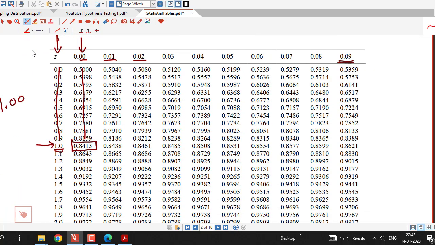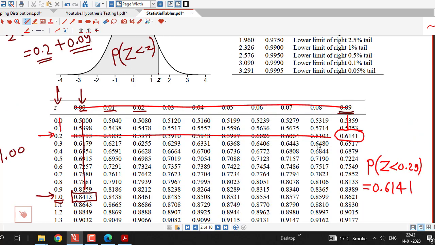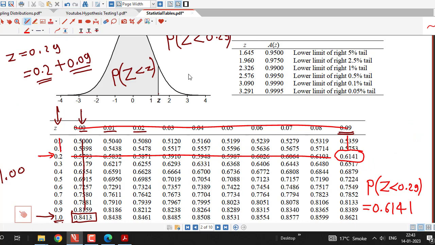Therefore in this left column I have to go up to 0.2, and here I have to search for 0.09, that is last column, and this row for 0.2, and here I am going up to 0.09, that is 0.6149. Probability that capital Z is less than 0.29 is nothing but 0.6141.